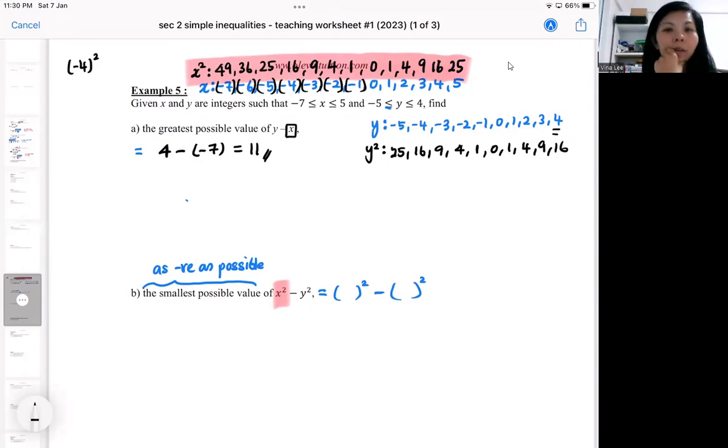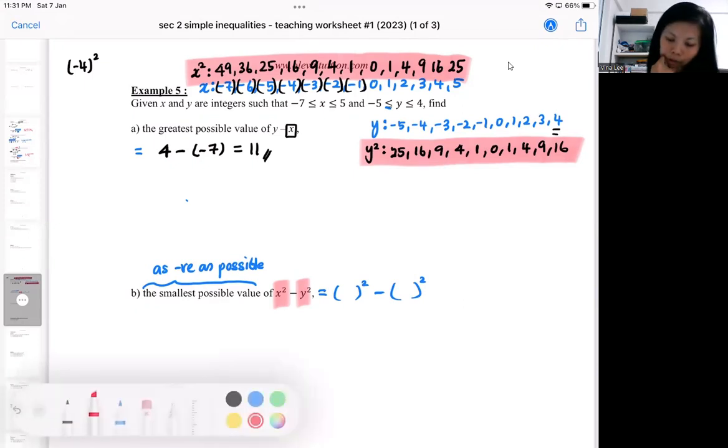So you want it to be very, very negative. Okay, so how negative can you get? You might want to spend time, you can think about it. You look at all the possible numbers. How can you make it very negative? Okay, so you think about it.